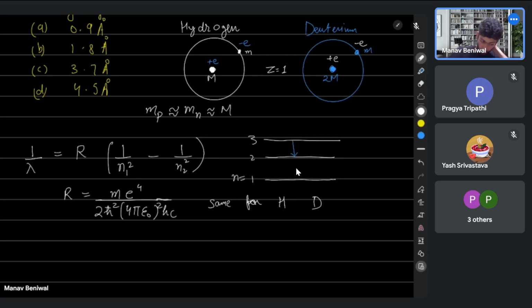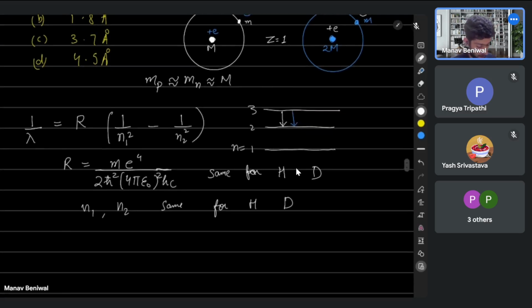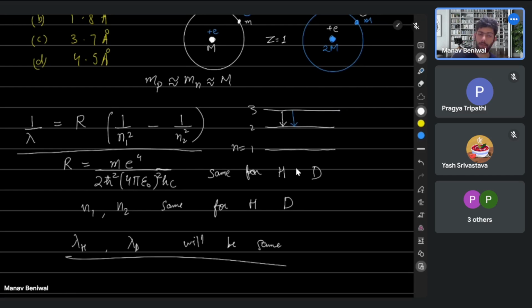And we are considering Balmer series for both hydrogen and deuterium, okay? The transitions we are considering are same. So your n1 and n2 are same for H and D. So the wavelengths that you will get, lambda H and lambda D, they will be same, right? Using this equation, you will get the same values.